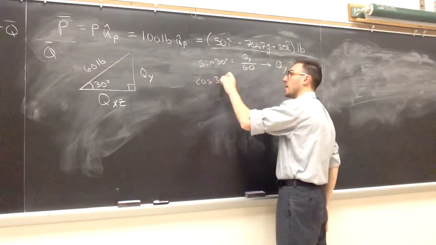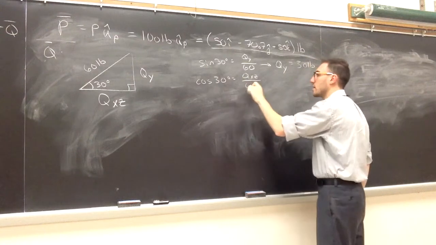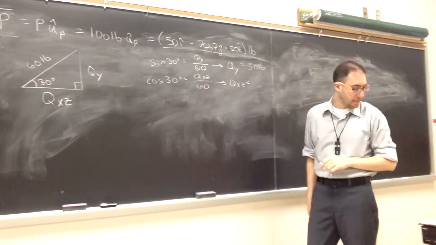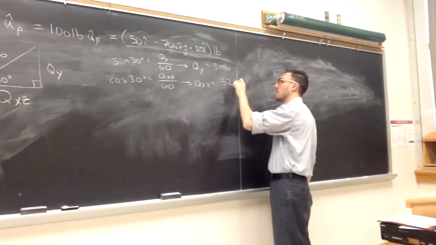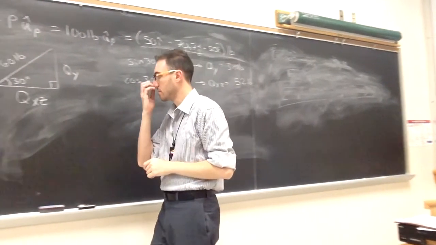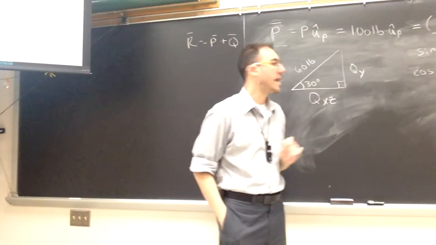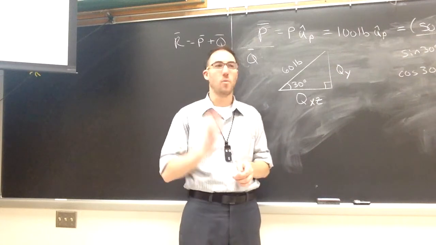Similarly, if I use cosine, the amount of q in the xz plane is going to be 52 pounds. So the y component I have done, I know that 30 pounds of q lies along just the y direction.